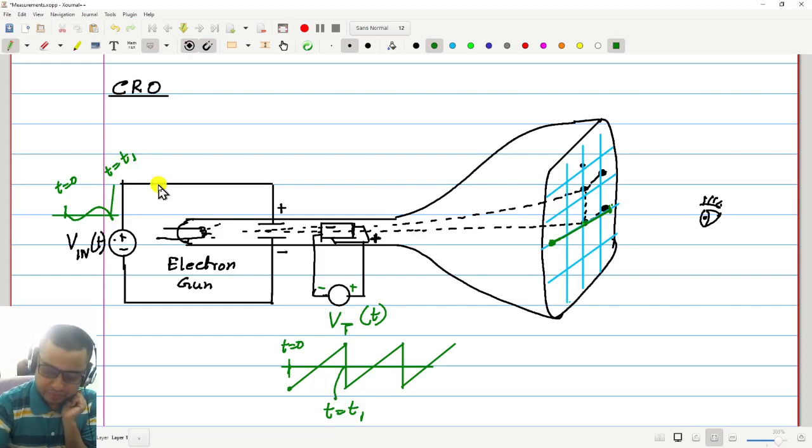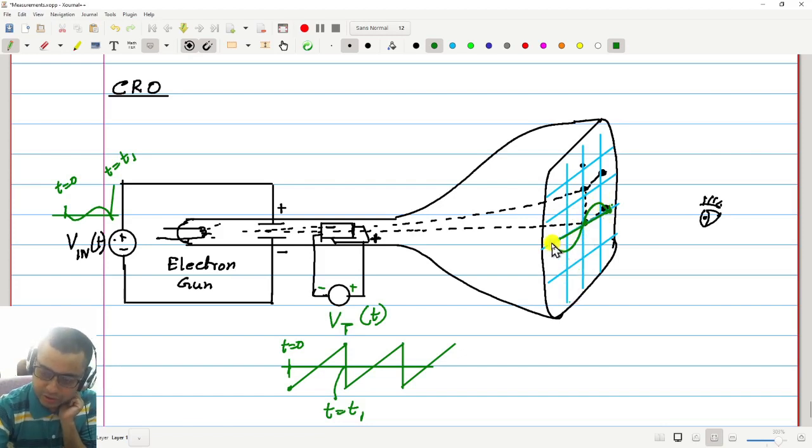Then what will happen? So from here time 0, the electron beam is moving towards the right gradually from left to right, and at the same time this voltage which is applied between the vertical plates, that is also changing like this. So at the same time the electron will come down and go up, so it will follow a path like this.